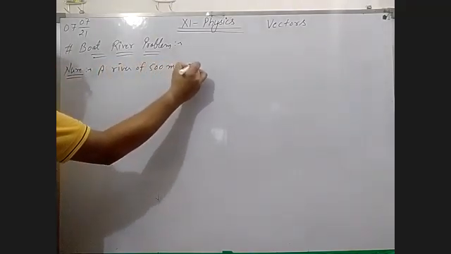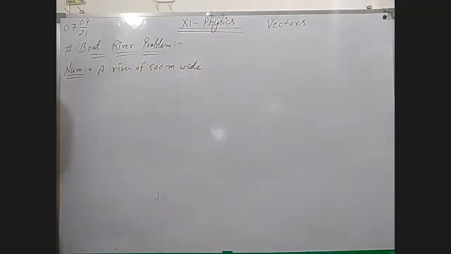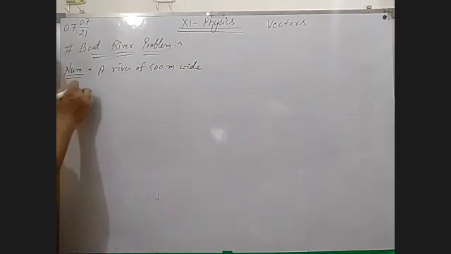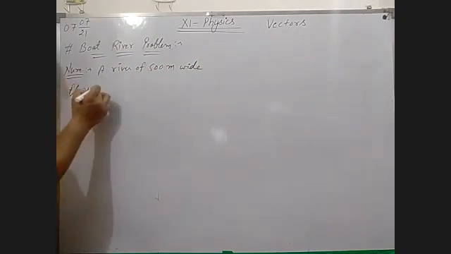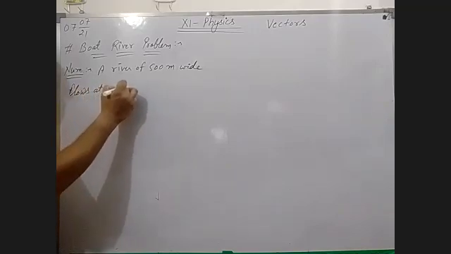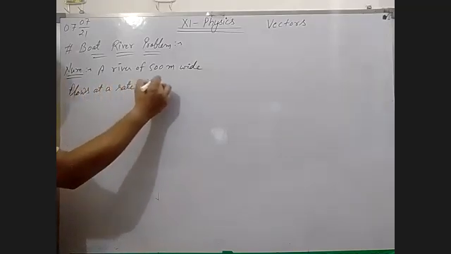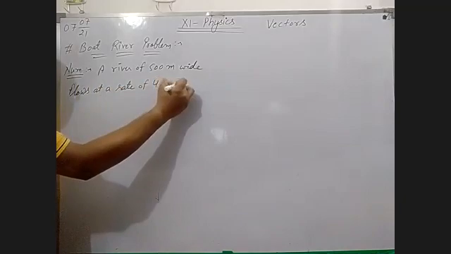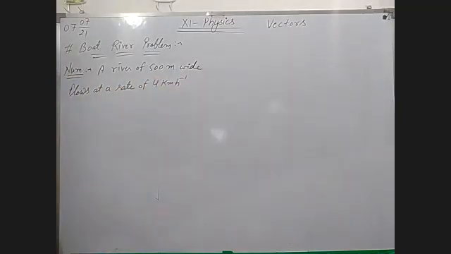A river of 500 meters wide flows at a rate of 4 kilometers per hour. River speed is 4 kilometers per hour.